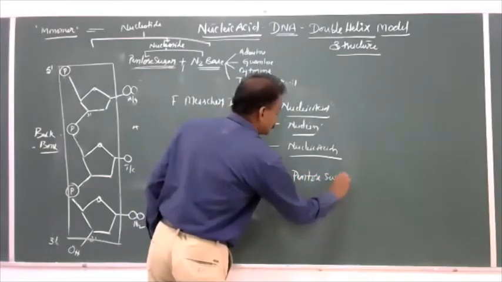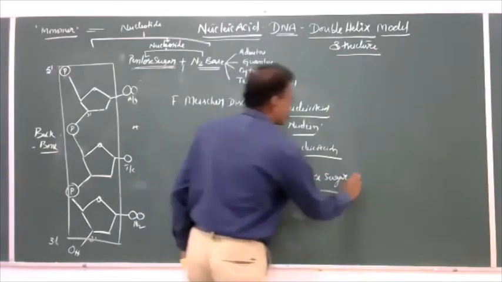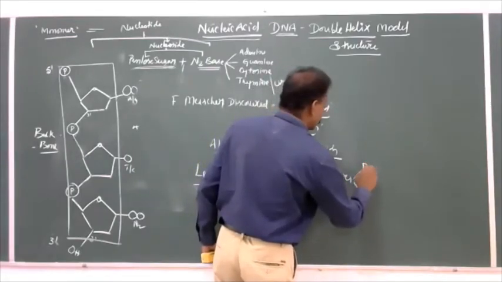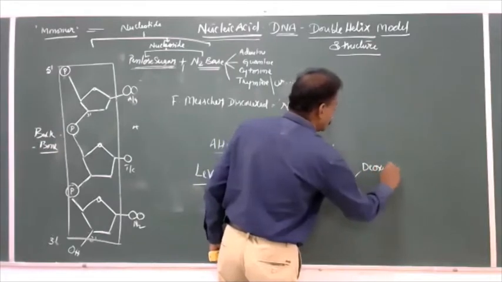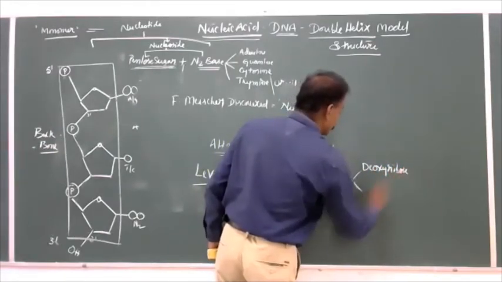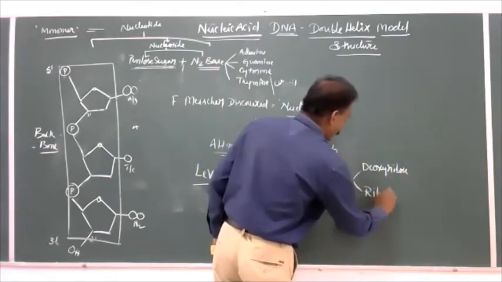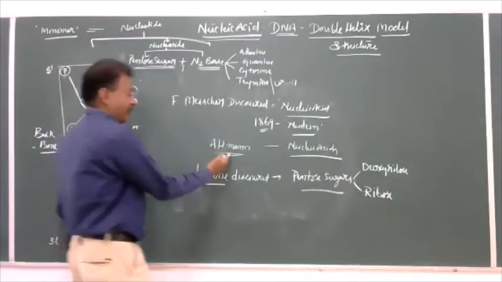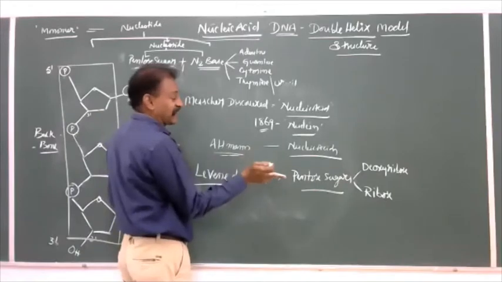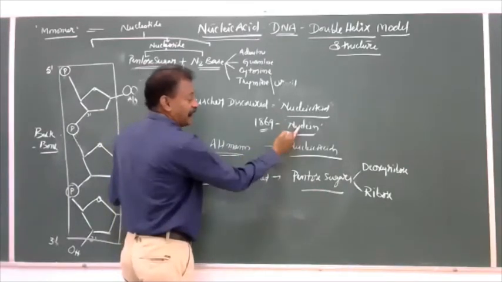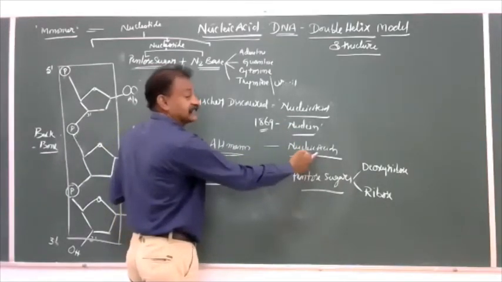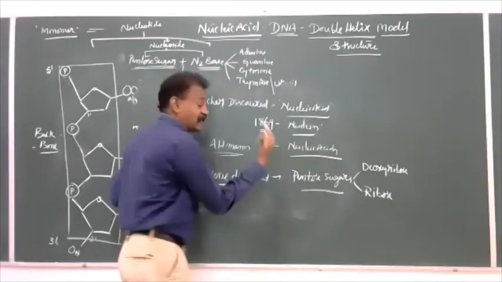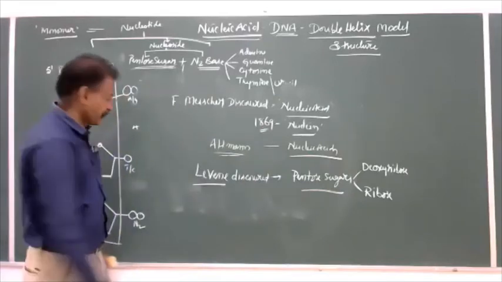Straight questions: deoxyribose and ribose. After that, Altman discovered phosphoric acid. That's why he called nuclein as nucleic acid. Acid means the acidic property of the nucleus is because of the presence of phosphoric acid.